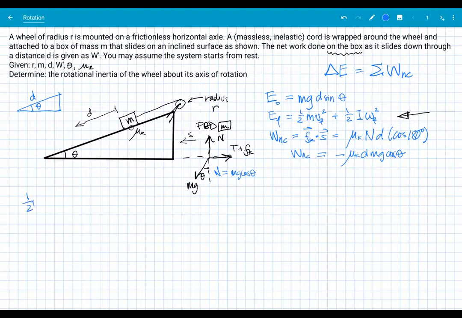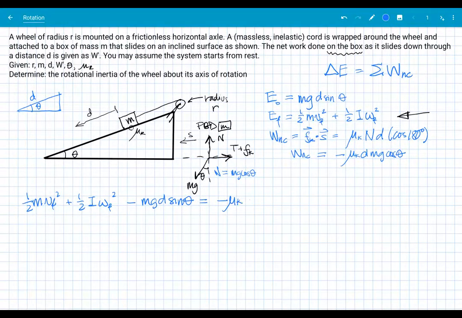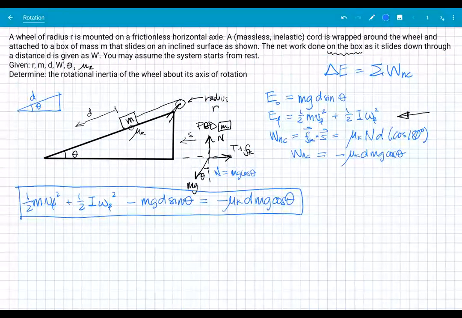Final is 1/2 m v final squared plus 1/2 I omega final squared minus initial energy mgd sine theta is equal to work done by non-conservative forces, negative mu k d mg cosine theta. So there is the equation that I've rendered by doing energy analysis on the system.